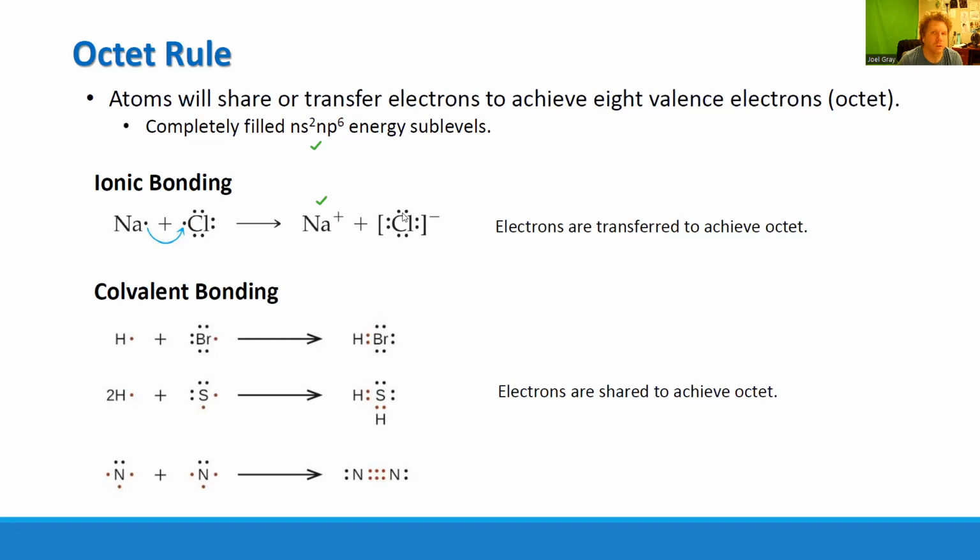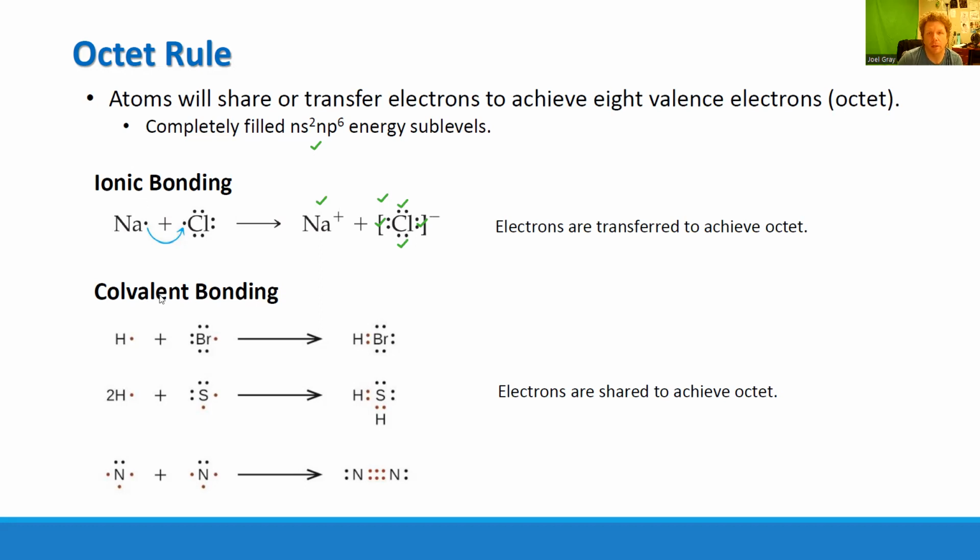If you look at chlorine, which is in group 7 of the periodic table, it has 7 valence electrons. But in this model, we've got 2, 4, 6, 8 electrons. That is one more than it generally has, which is why it gets that negative charge there. Now that's an ionic bond, so that's a total transfer of electrons.